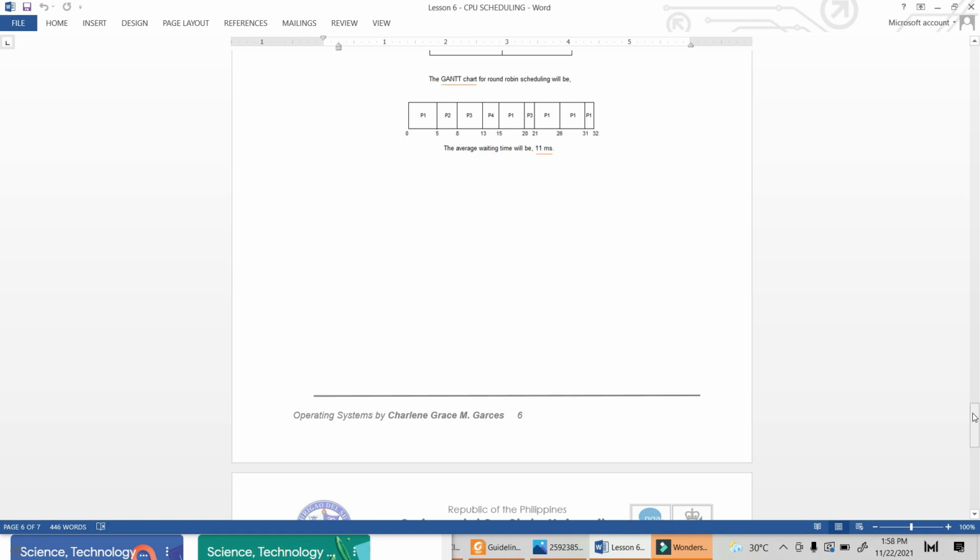Meaning to say, the CPU scheduling will allocate some unit of time for each of the processes being executed in your computer, and that unit of time is what we call milliseconds. For example, if you are playing songs on your media player, the CPU will allocate 2 milliseconds for that.